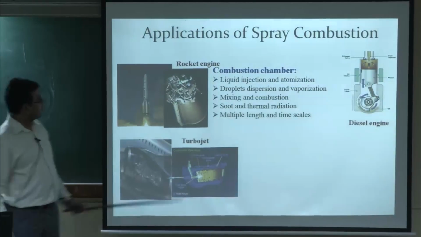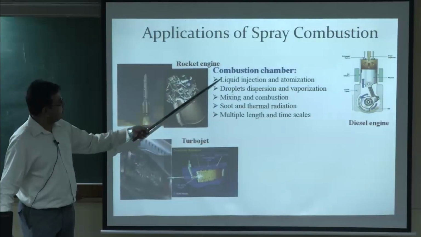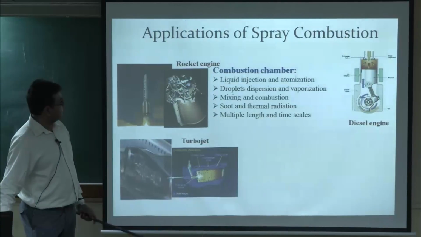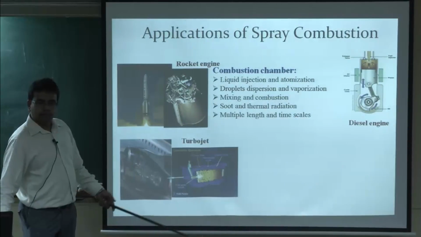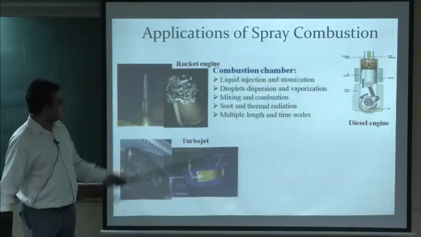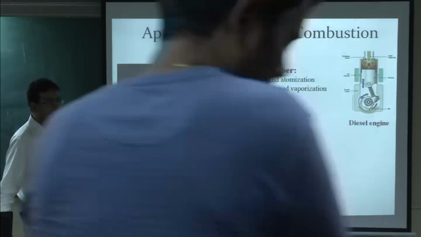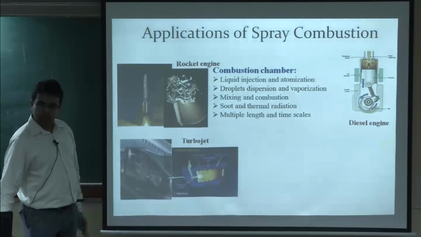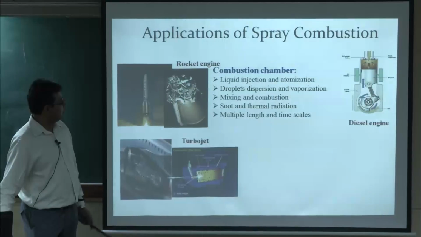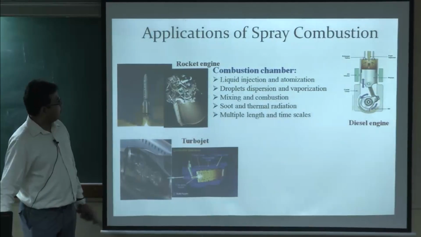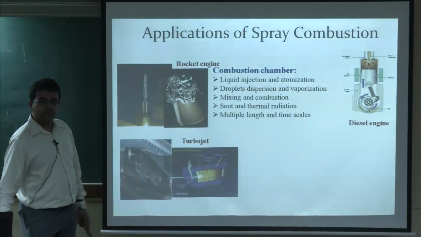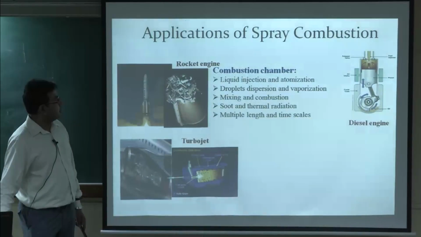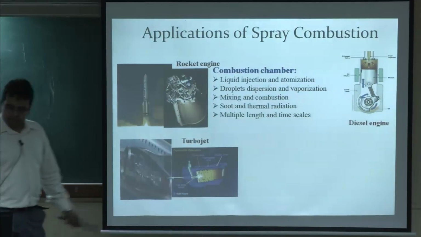In these combustion chambers, the liquid is injected and gets atomized. After that, atomized droplets are subjected to the turbulent flow within the combustion chamber, and then they disperse, vaporize, mix with the oxidizing media, and then combustion takes place. Soot and thermal radiation have become important, and there are multiple length and time scales. As you see, there are several processes, and each of them contributes different length and time scales. So, it is a multiple length and time scales problem.